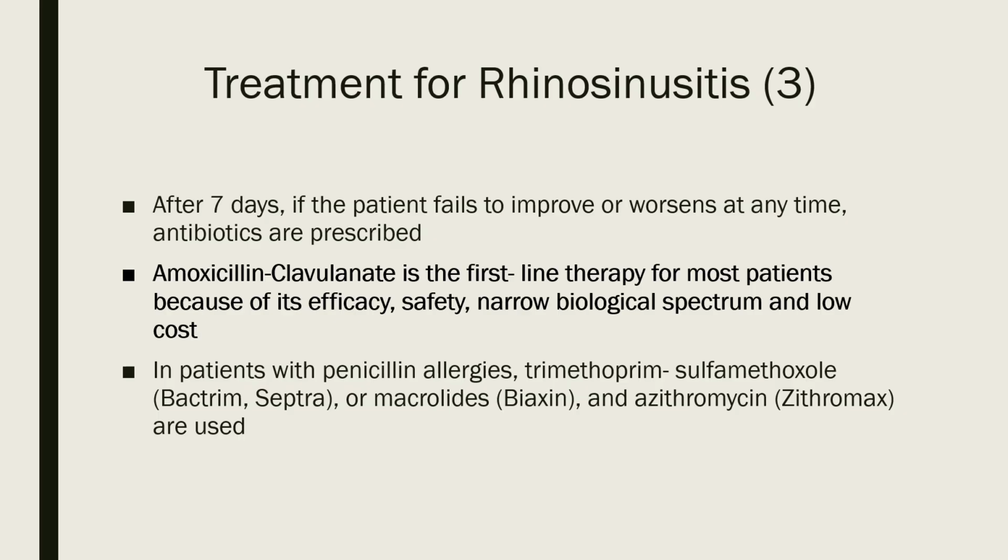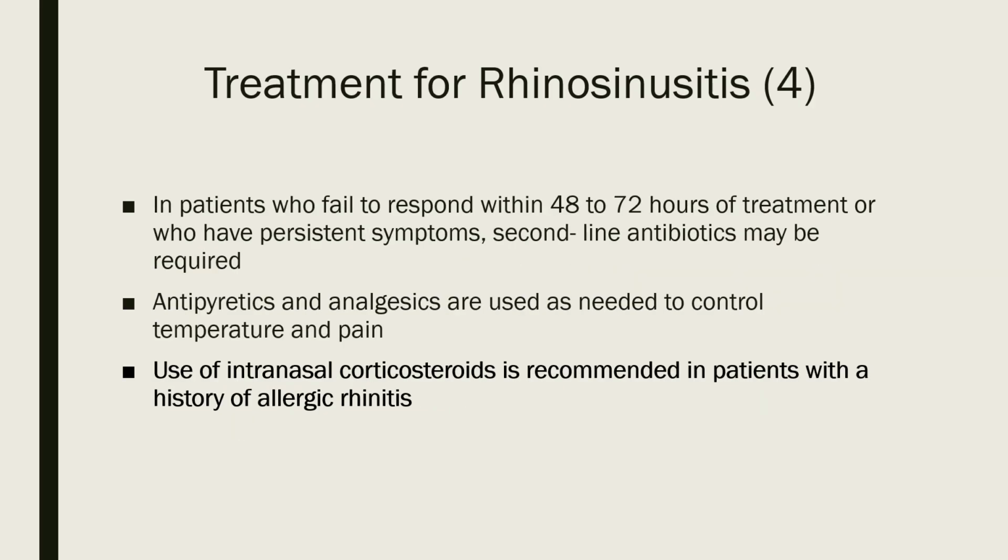So, in patients with penicillin allergies, drugs such as Bactrim or Septra, Biaxin, and Zithromax are used. In patients who fail to respond within 48 to 72 hours of treatment or who have persistent symptoms, second-line antibiotics may be required.